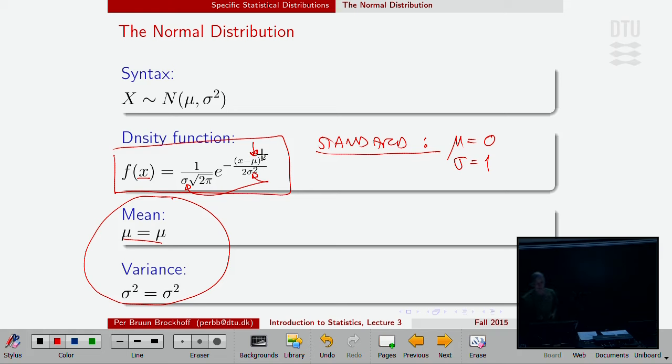So the choice of names match, right? And also the variance, the way the sigma is named here matches the fact that if I do the integral, it is actually the variance of the variable that I see as an unknown in my density function. So it's a density function, a function of x, but with two unknowns, the mean and the variance of the probability distribution.